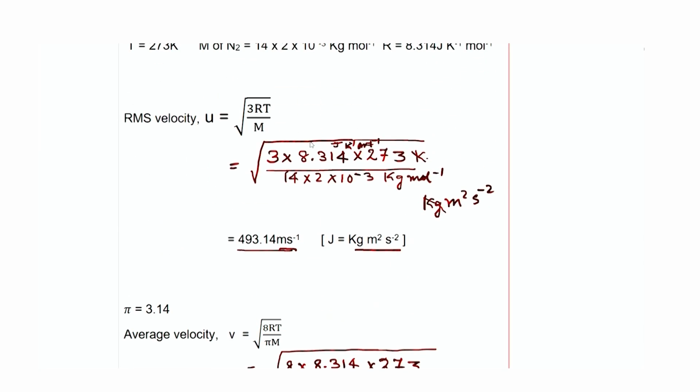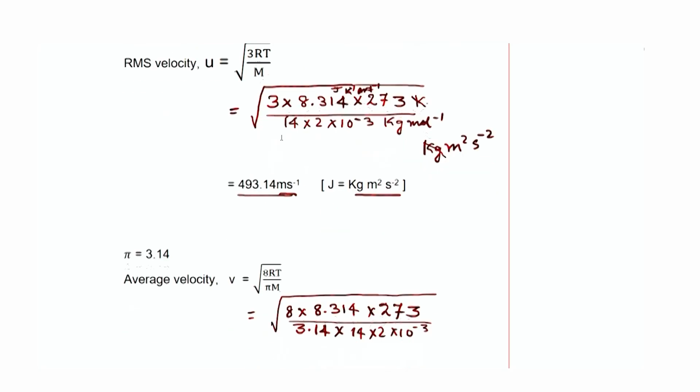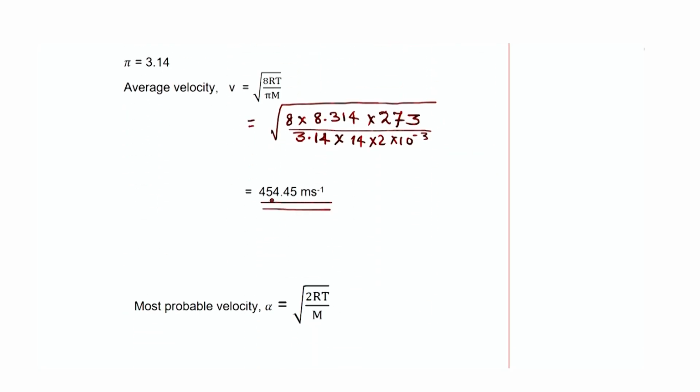You just see that RMS velocity is 493.14. This is reduced to 454.45.